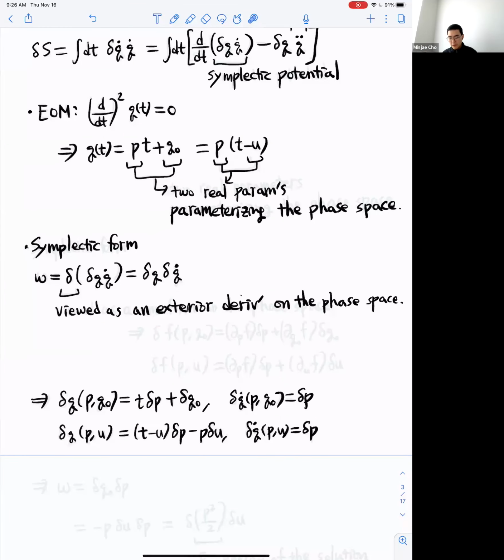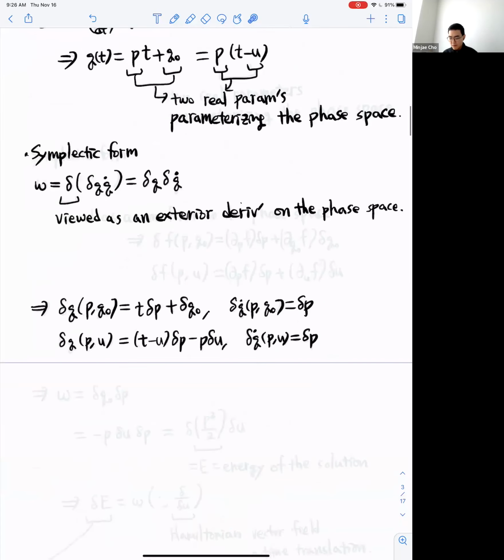Well, at this stage, you might actually worry about something, which is that we have explicit appearances of T. And typically, when we say that we want the Cauchy initial value problem to be well defined, we actually want symplectic form to be independent of how we choose the initial time.